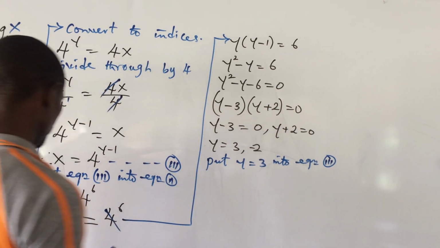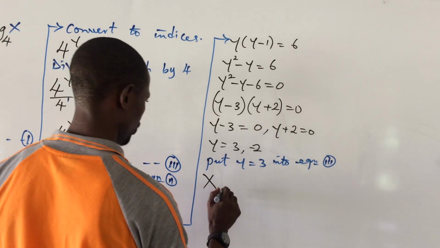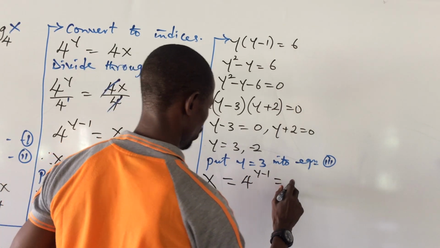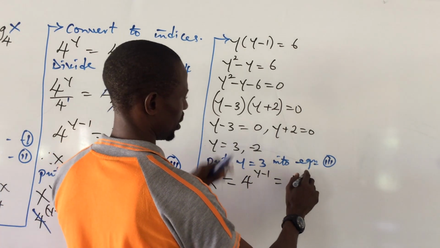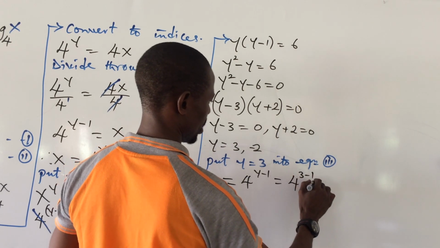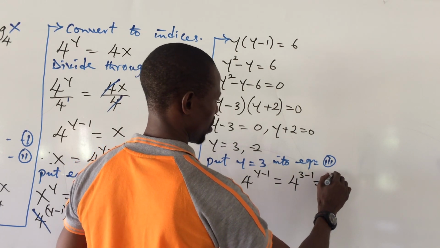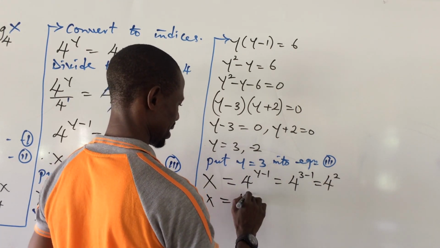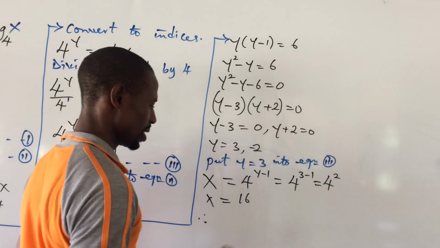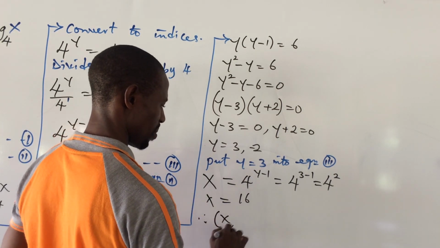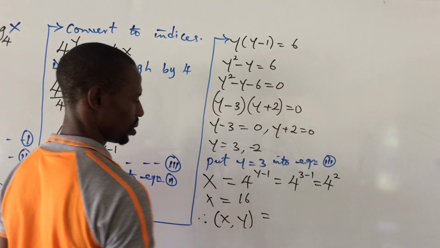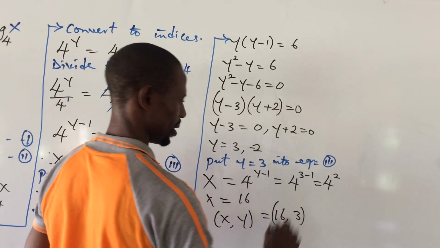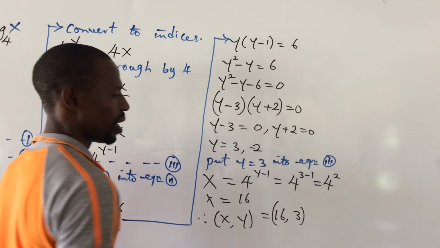We bring down our equation 3 first, which is x equal to 4 to the power of y minus 1, which is equal to 4 to the power of 3 minus 1, which is 4 to the power of 2. And therefore, x is equal to 4 squared, which is 16. So we have our first solution, x comma y is equal to 16 comma positive 3. We go ahead and do that for case 2.